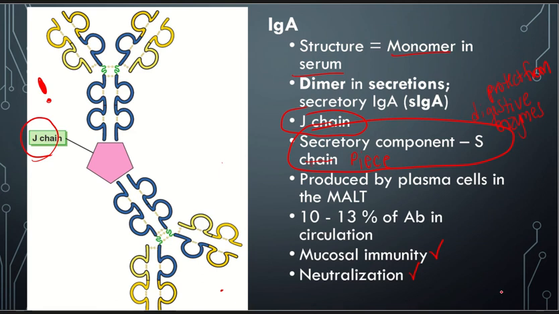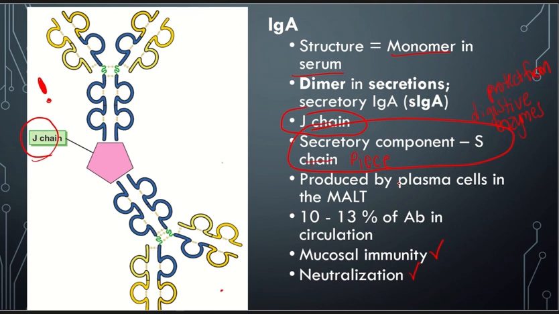And the FC portion of the secretory IgA can also bind to macrophages and neutrophils for enhanced attachment, and the IgA can also activate the lectin complement pathway and the alternative complement pathway. It doesn't have an FC domain for activating the classical complement pathway, so only IgG and IgM are capable of that.